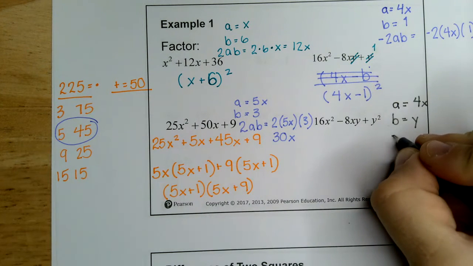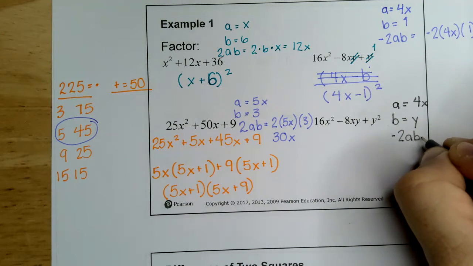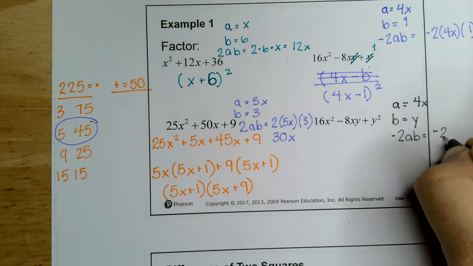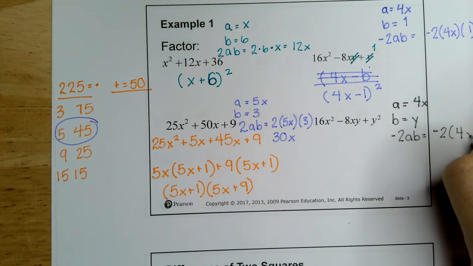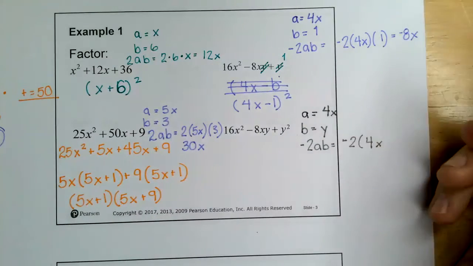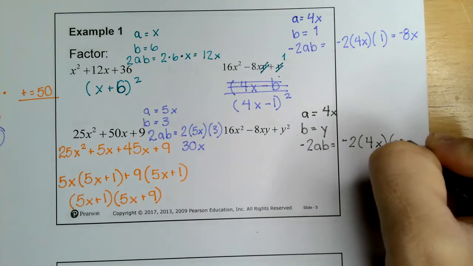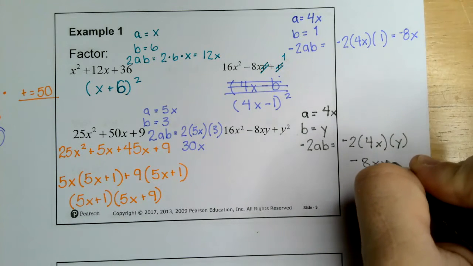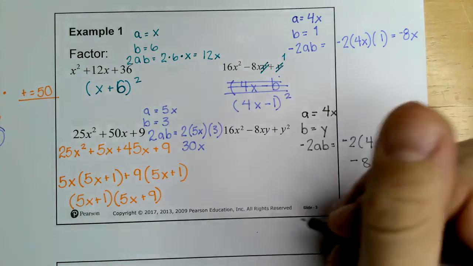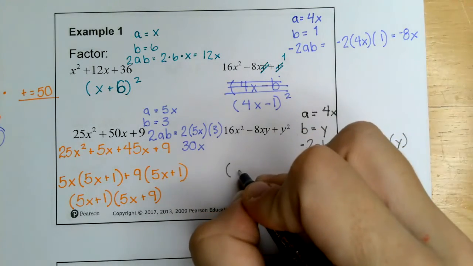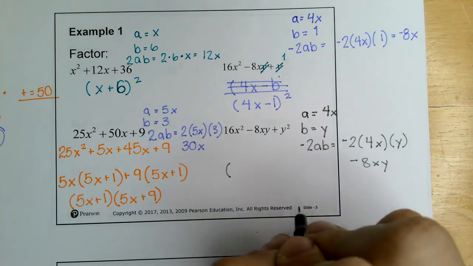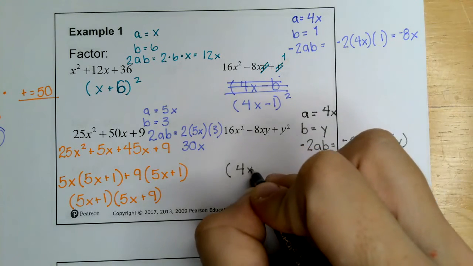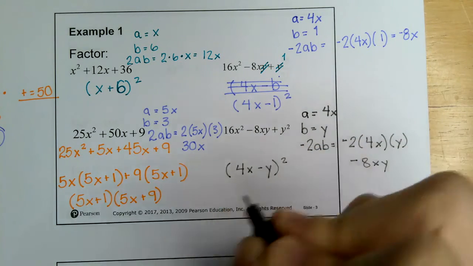And so negative 2AB should be negative 2 times 4x times y, and that will give me negative 8xy. Excellent. So this will work. So we just say it is A minus B squared, which is 4x minus y quantity squared.